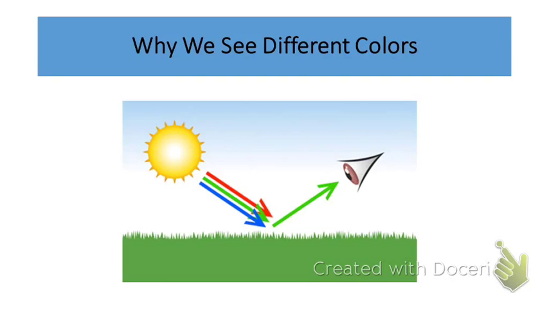So the first way, in other words, that we see color is through reflected light. Wavelengths or frequencies that an object cannot absorb but reflects, that's the color of the object we perceive.